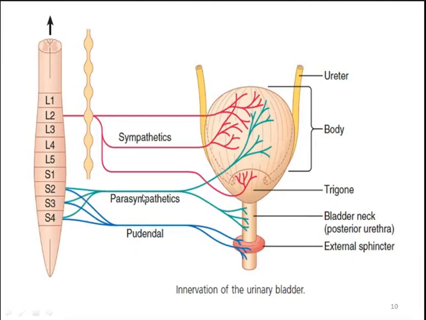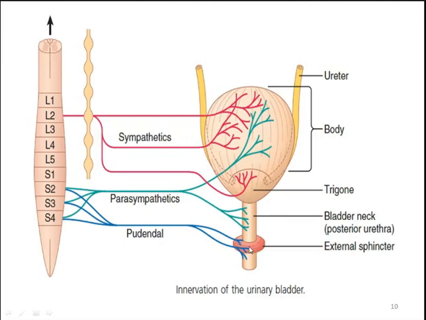Pudendal nerves and pelvic nerves both come from S2, 3, 4. The parasympathetic supply goes to the detrusor muscle and the internal sphincter via the pelvic nerves.